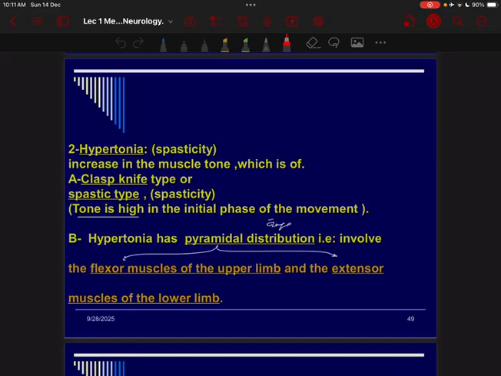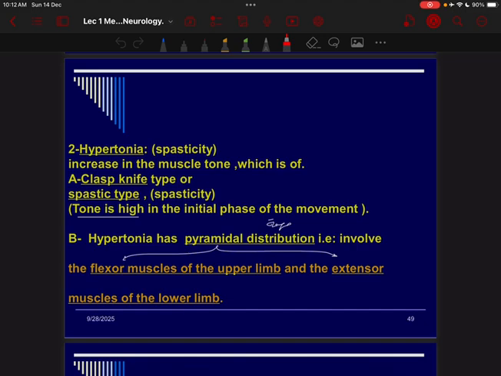Why did we call it clasp knife type? Now we will see why. Or spastic type, spasticity. There is increase in the tone in the initial phase of the movement.